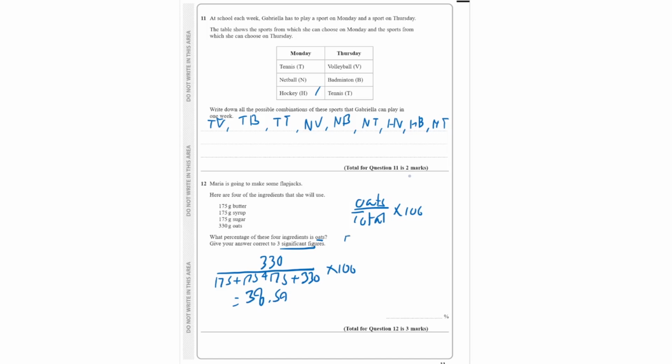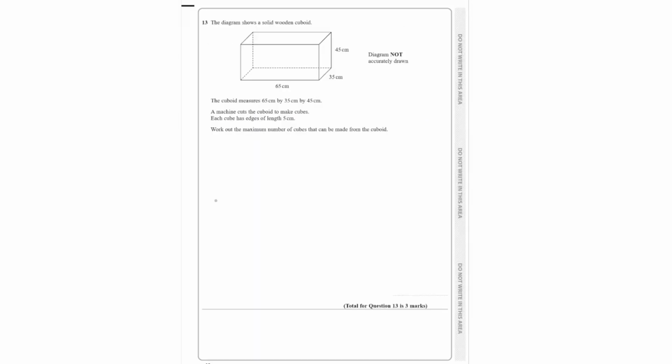When rounding, we follow 1, 2, 3, 4, we round down, but 5, 6, 7, 8, 9, we round up. Now, since the value after the third figure is 9, that means we have to round up. So our final answer is 38.6%.